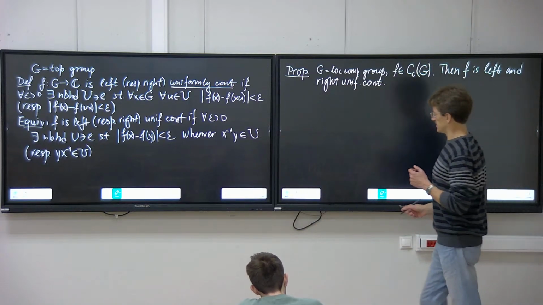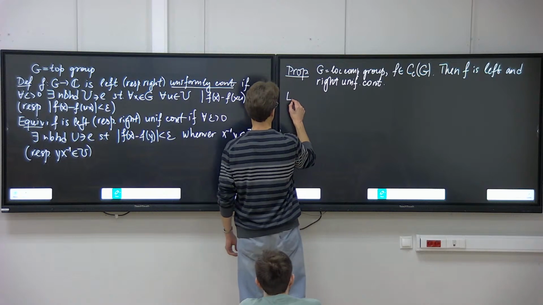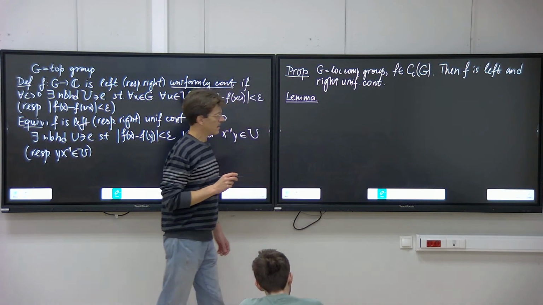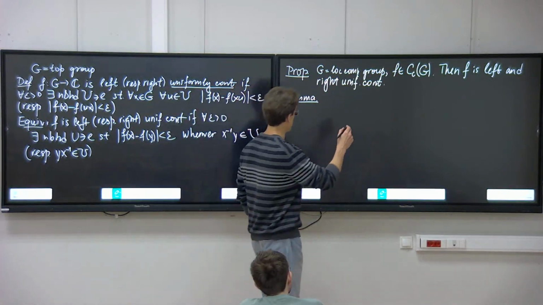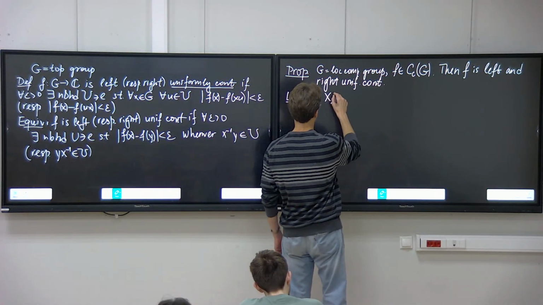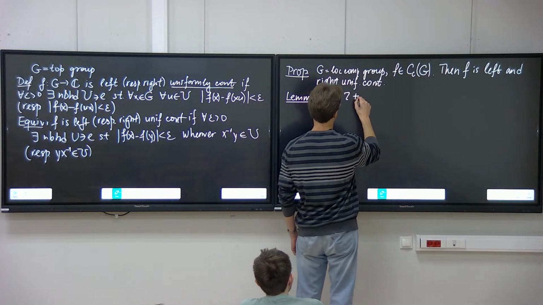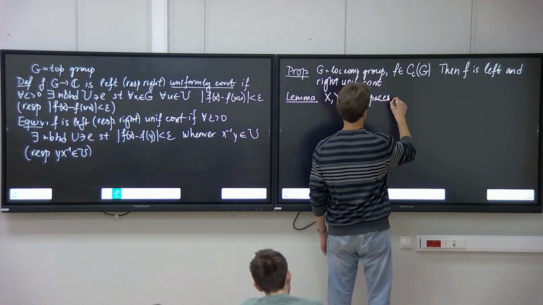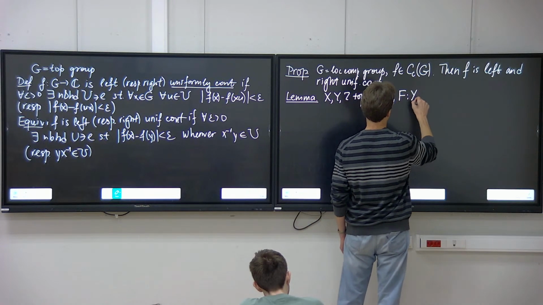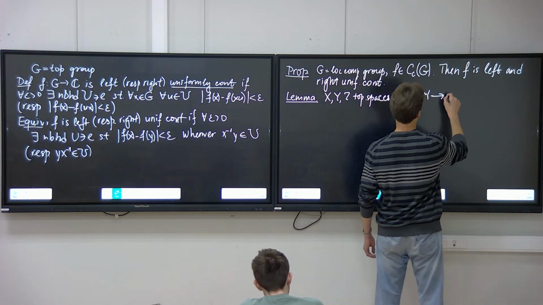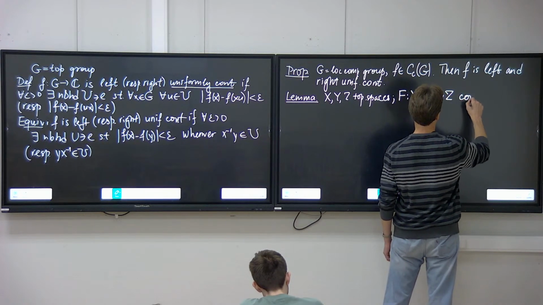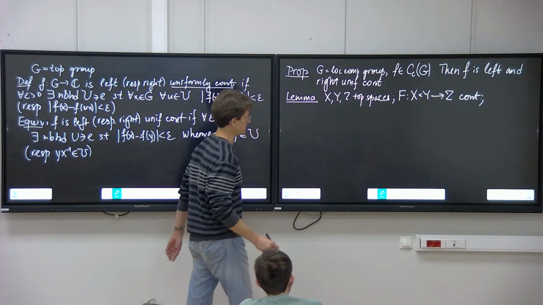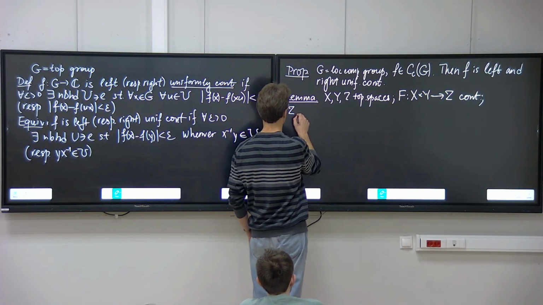We will need a simple lemma from general topology. The lemma is very simple, but it's very useful. Suppose we have topological spaces X, Y, and Z, and a continuous map big F from X cross Y to Z. Also, let's choose an open subset in Z, Z0.